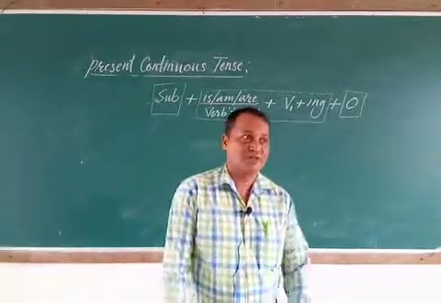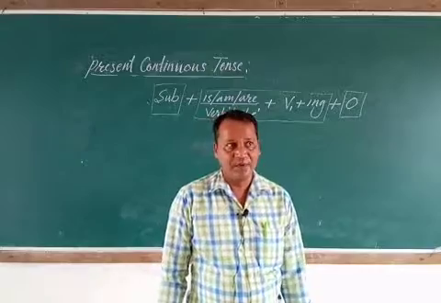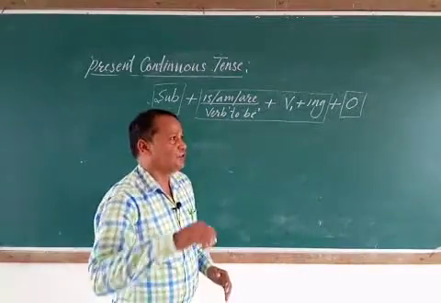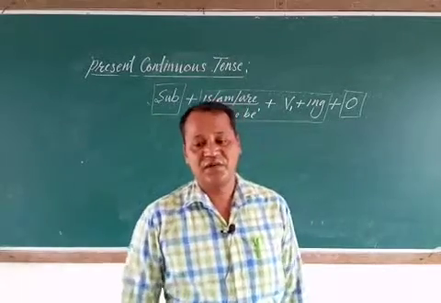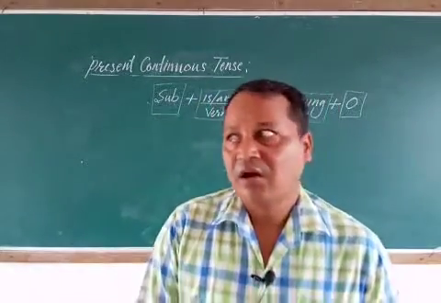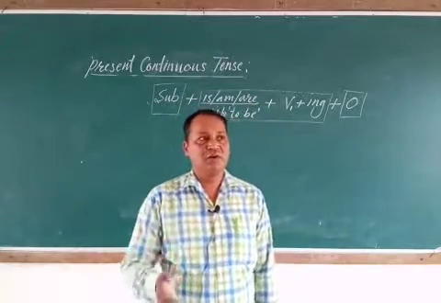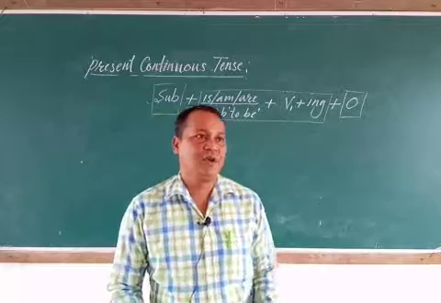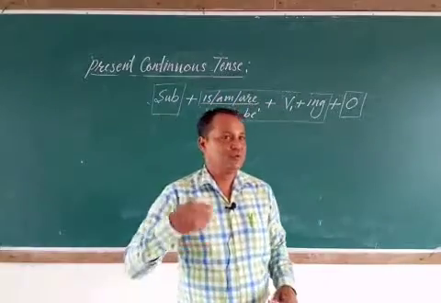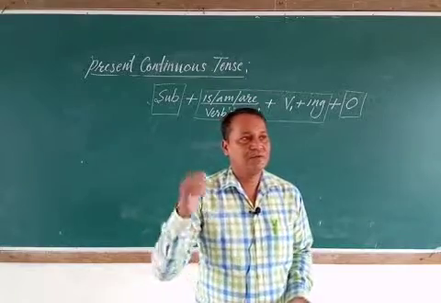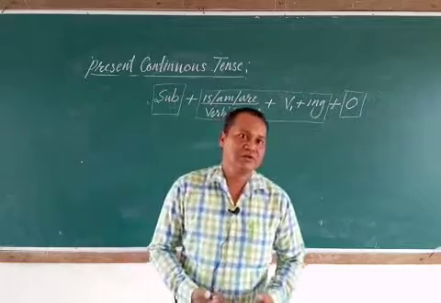Here we will use the first form of the verb with ing, meaning the ing form of the verb, and before it we will use is, am, are. If we have the subject he, she, it, or any singular subject, then we will use is. If we have a plural subject like we, they, you, we will use are, and if we have the subject I, then we will use am.